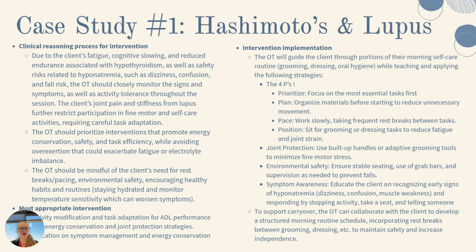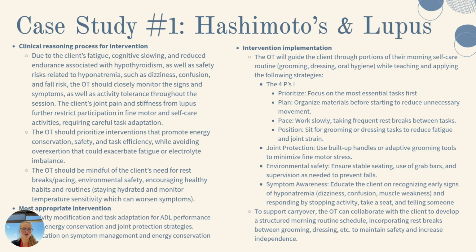The OT should prioritize interventions that promote energy conservation, safety, and task efficiency while avoiding overexertion that could make their symptoms worse. Also being mindful that the client needs rest breaks, being aware of the environment and setting them up for success there, and encouraging healthy habits and routines, such as staying hydrated, and the temperature sensitivity component, which can make symptoms worse.